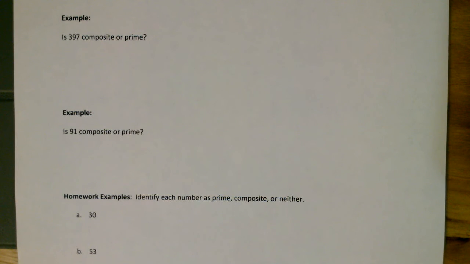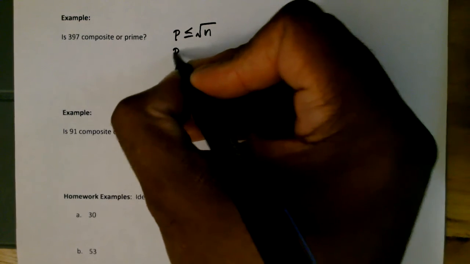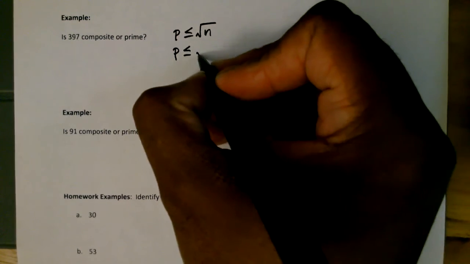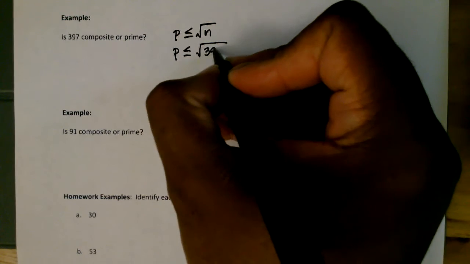Okay. On the next page, is 397 composite or prime? So let's use that p is less than or equal to the square root of n, and then take the square root of 397.